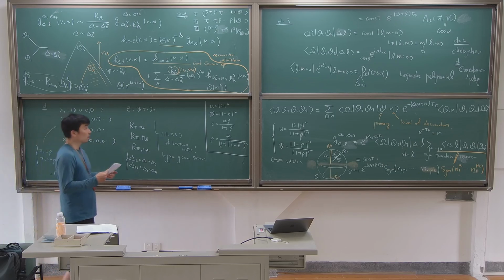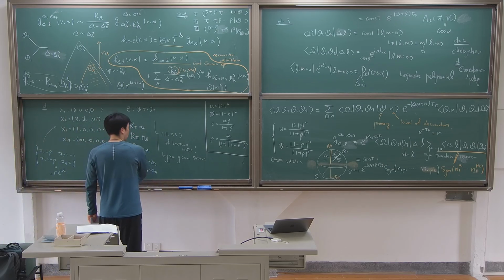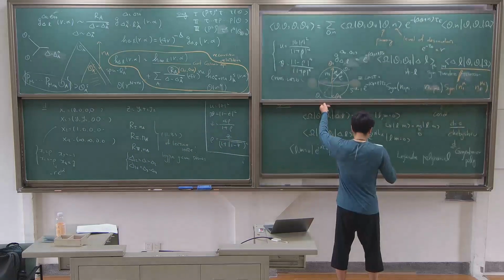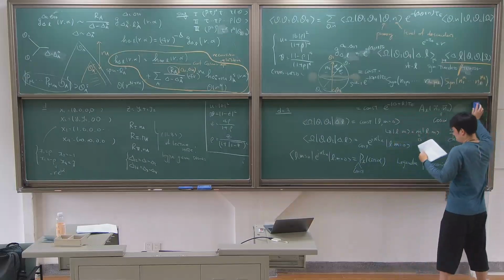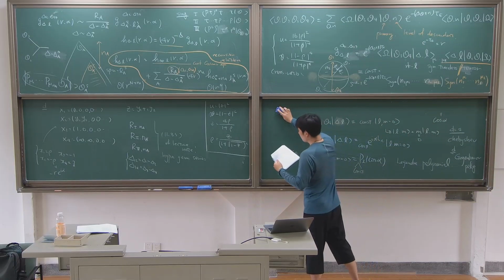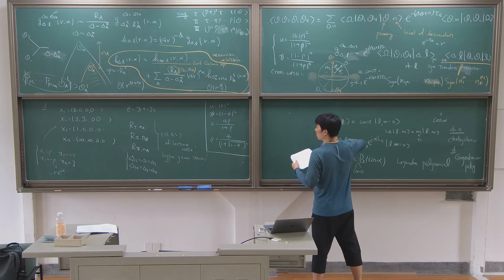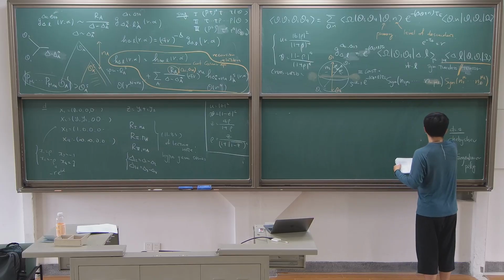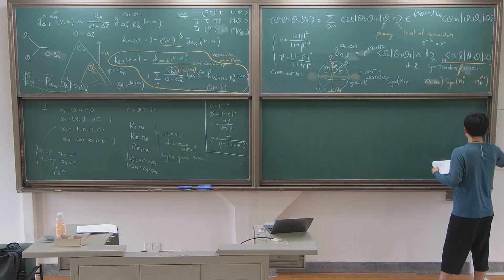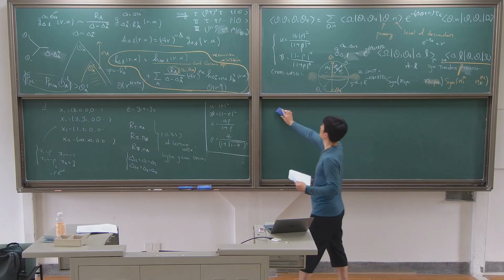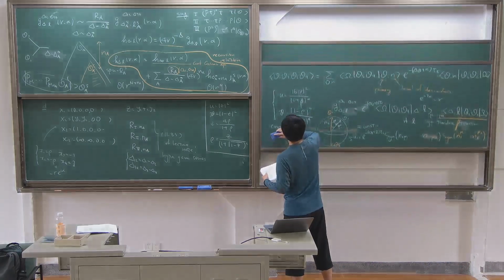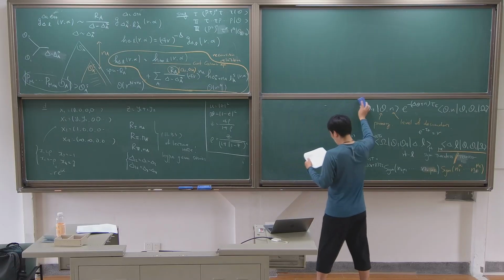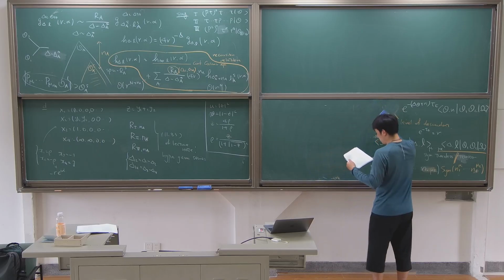Okay, so that's one property of the conformal block. The other important property is some kind of polynomiality.